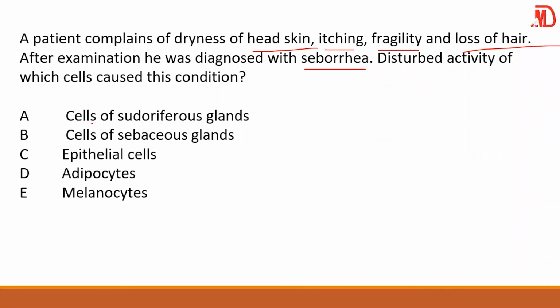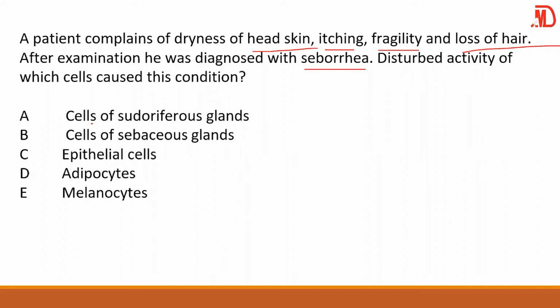When that place is having a problem, we call it seborrhea, or they can have loss of hair. Don't forget, your hair follicles are attached to the sebaceous glands, isn't it? So when that place is infected or disturbed, they can have a problem.